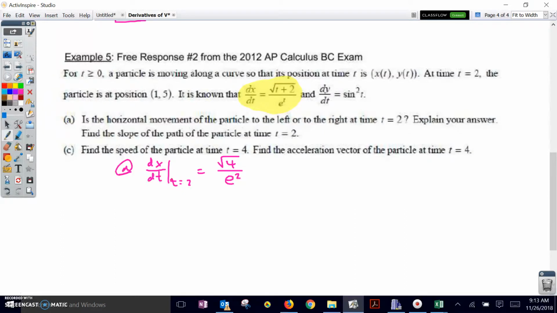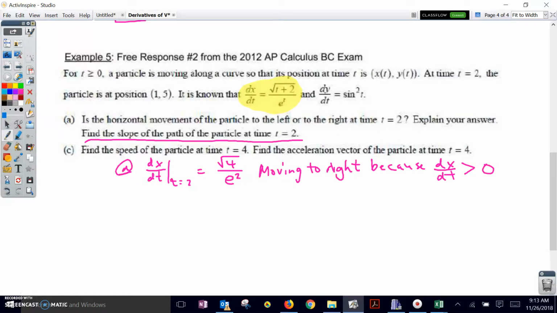This is positive, so it's going to be moving to the right, because dx/dt is greater than 0.